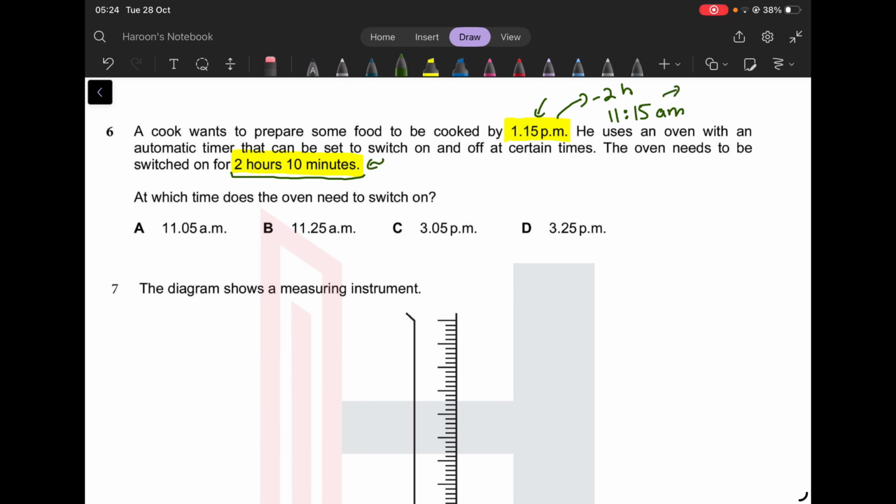When I subtract 10 more minutes from this reading, I get 11:05 a.m. This is when I need to start the oven. It has to switch on at this particular time. 11:05 a.m., A has to be the correct answer.